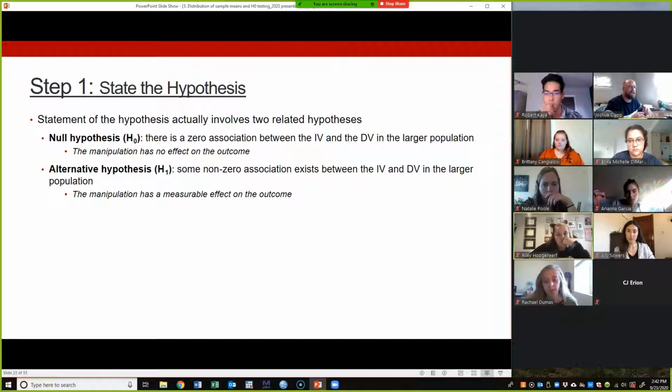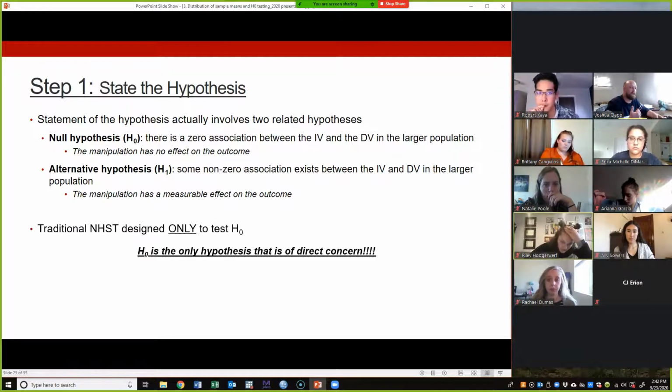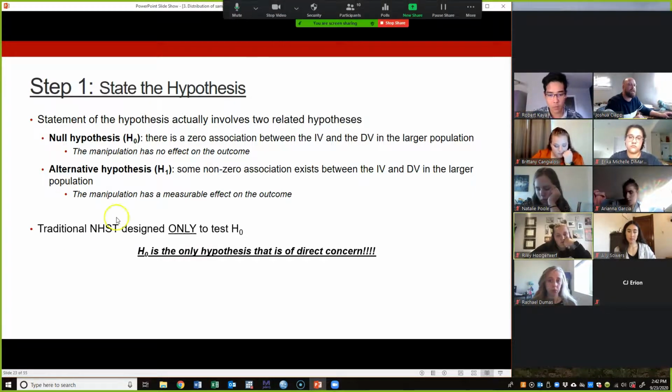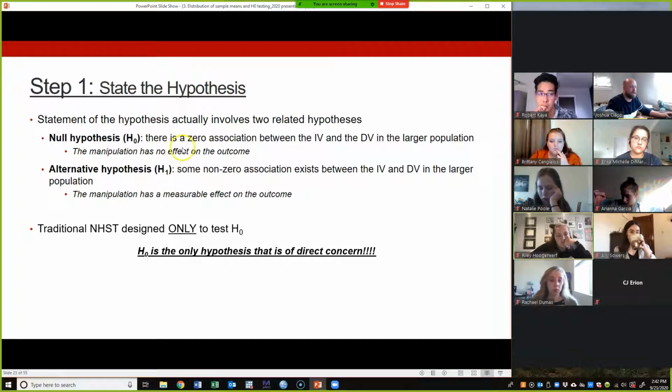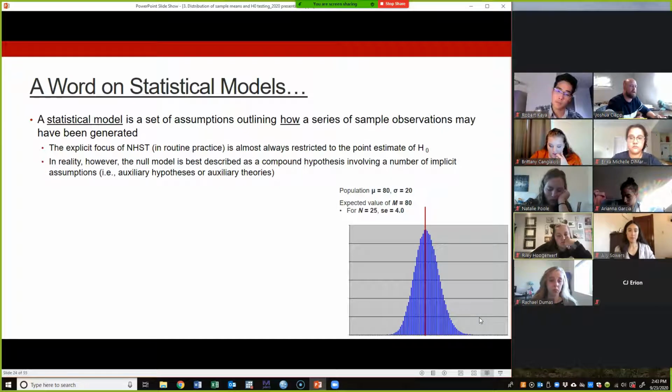Alternative hypothesis says groups are different, things are related, things along those lines. In our traditional null hypothesis significance testing, we're only looking at the null hypothesis. This is the only thing we're testing throughout. We're going to make inferences about the alternate based on the results of our test, but we're not directly testing the alternate hypothesis.